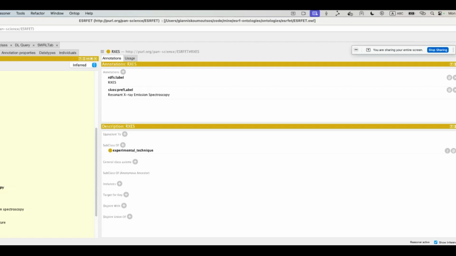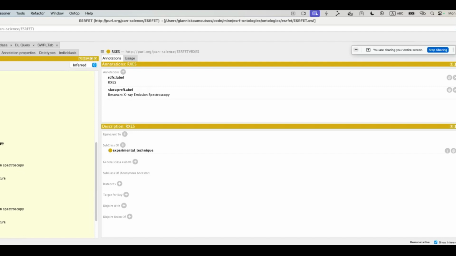And you can see here that X-ray absorption spectroscopy coming from another ontology is in our structure and is actually equivalent to our XAS. And you can see here as well XAS including this. So what happens here is that we have all the ontologies together and we create our structure by the definitions we give.